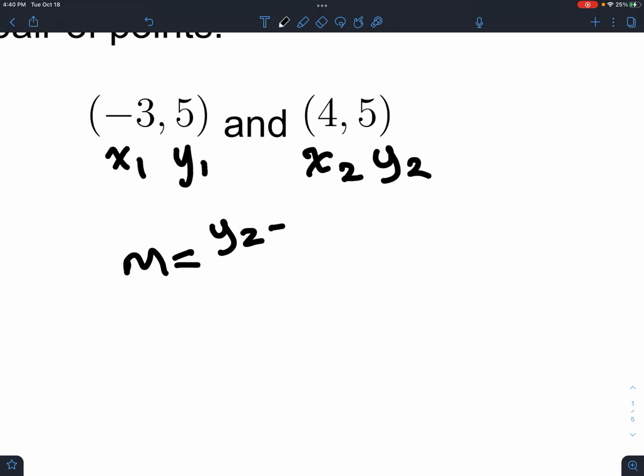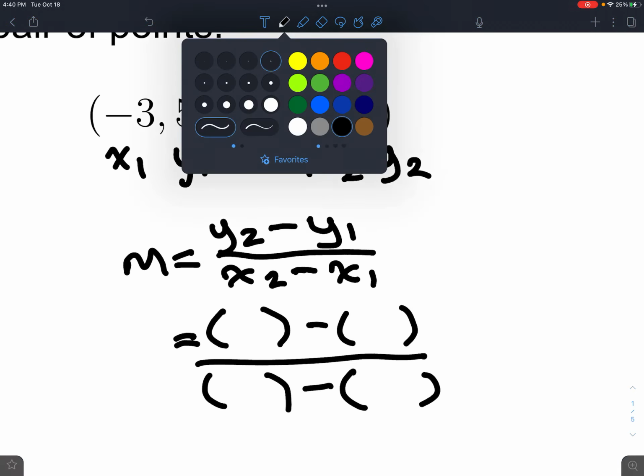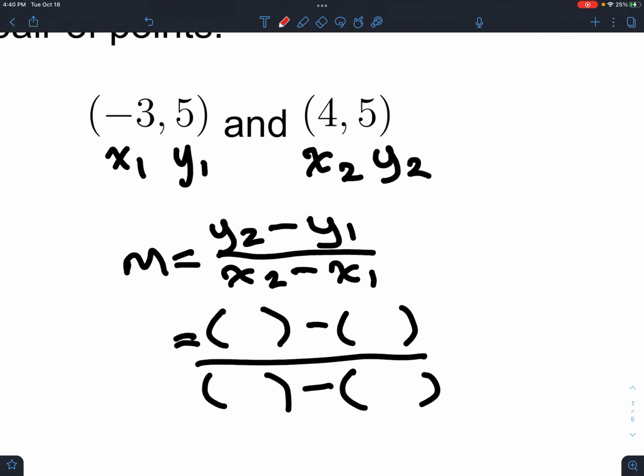Okay. So for this one, I'm going to treat it the exact same way. I'm going to just write down my formula. I'm going to write it down with parentheses because I'm going to plug stuff in. And then I'm going to go one by one and say y2 is 5, y1 is 5, x2 is 4, and x1 is minus 3.